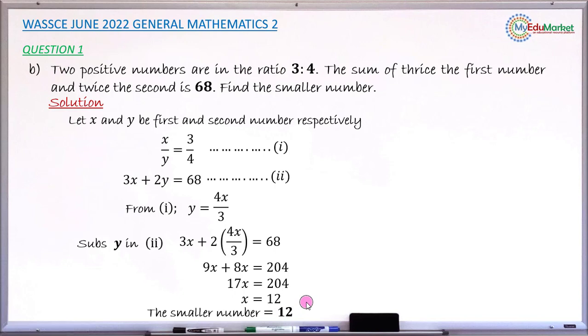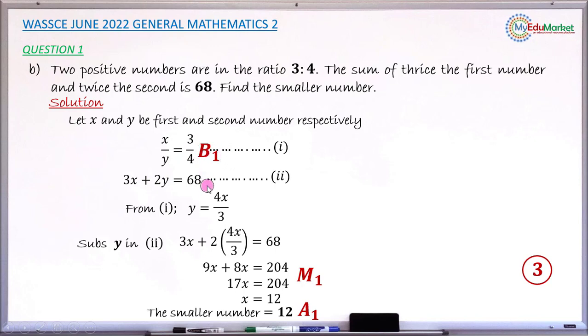Let me share with you quickly how this question is marked during the marking of this WAEC 2022 paper. The very first mark is the bonus 1 mark, for getting these equations: x over y equals 3/4 or 3x plus 2y equals 68.